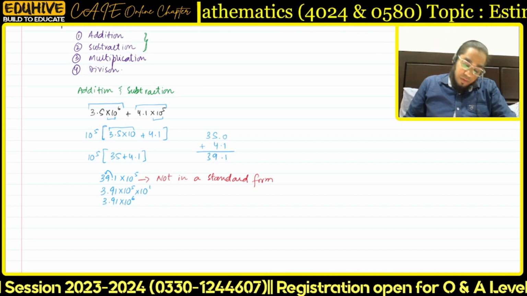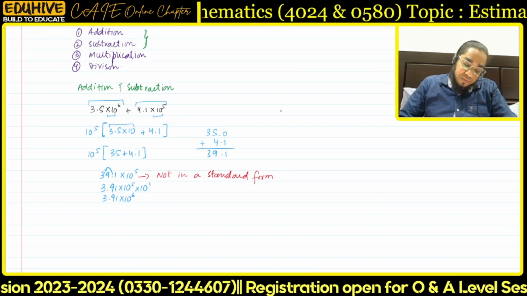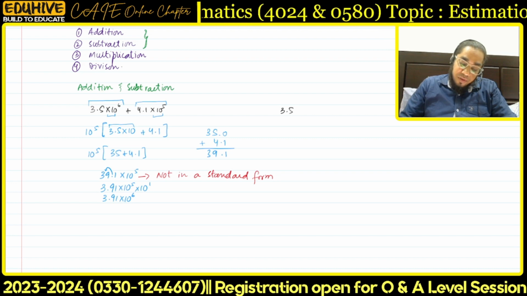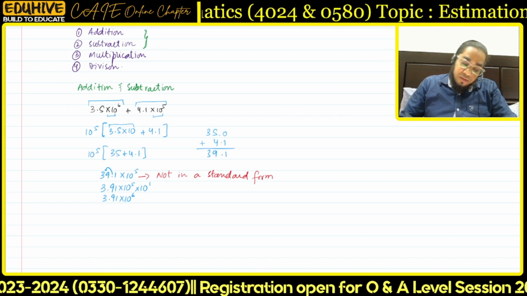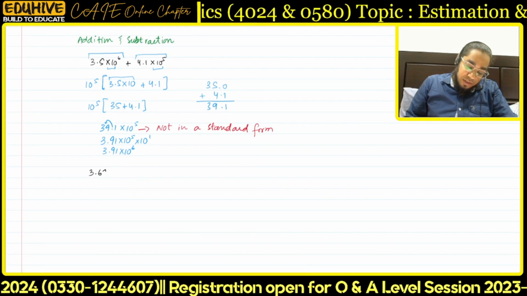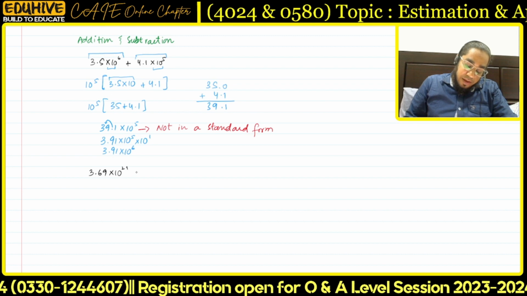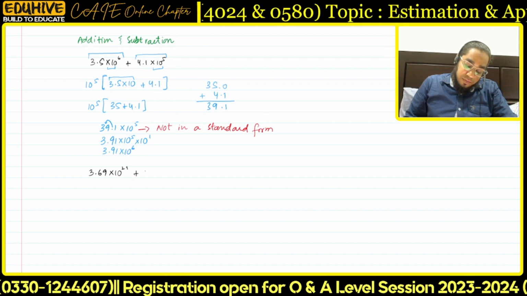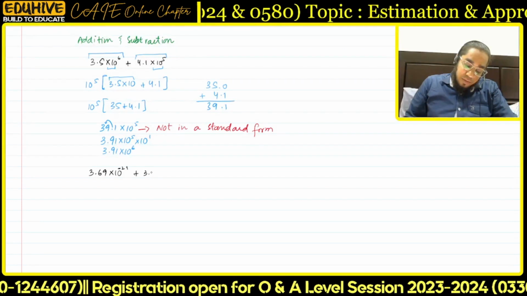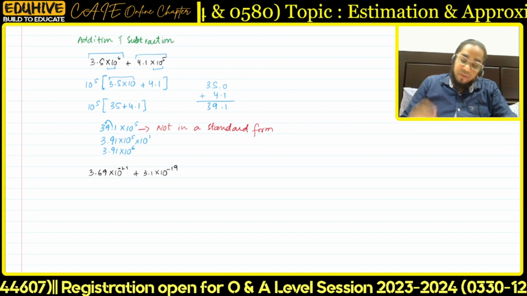Okay, let's suppose I have this number, not 3.5, it should be something different. I'm writing 3.69 into 10 raised to the power 21 and minus, sorry, 3.69 into 10 raised to the power 21 and 3.1 into 10 raised to the power minus 19 here.